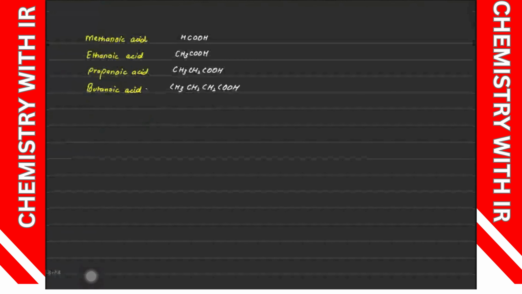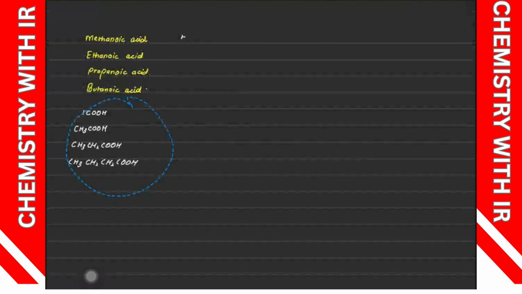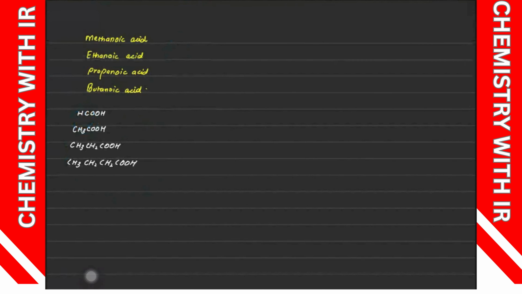So now they all are going to react with the metal, that is sodium. These are weak acids. So weak acids can only react with the reactive metals, and would not be reacting with the least reactive metals, since already they are weak.